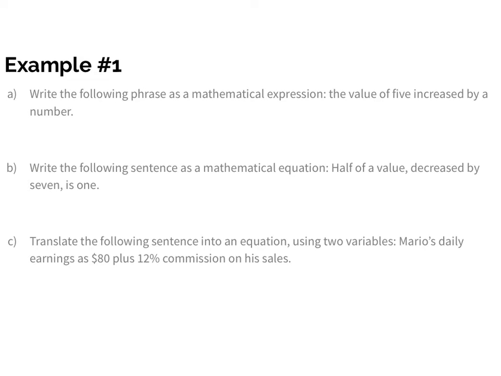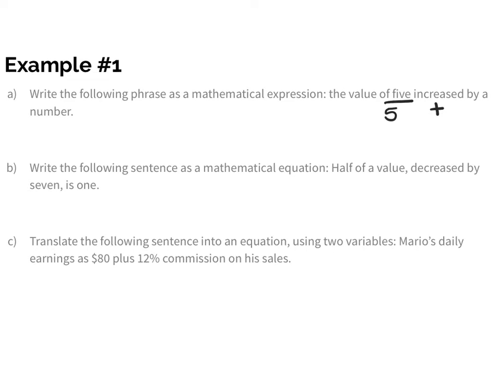Okay, then we looked at an example, and I said, write the following phrase as a mathematical expression. The value of 5 increased by a number. So I talked about how we could split up each of the sentences and pick out what we need. So the value of 5, which would mean 5, increased, if we go back to our words, implies that we're adding by a number.